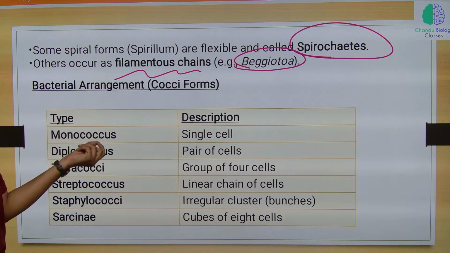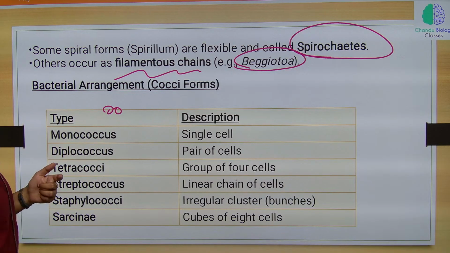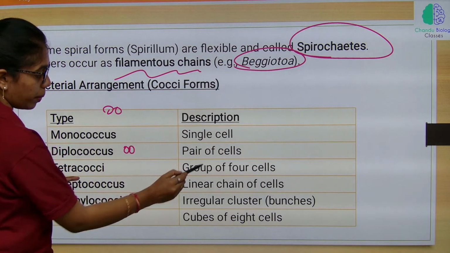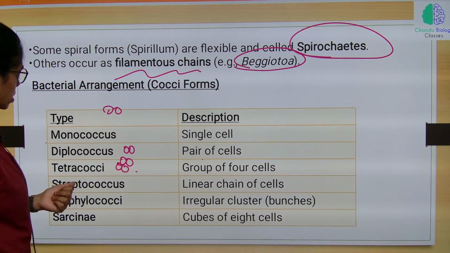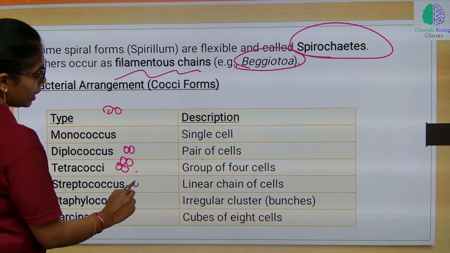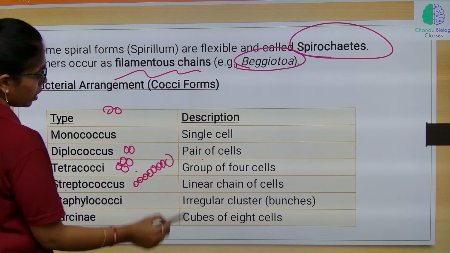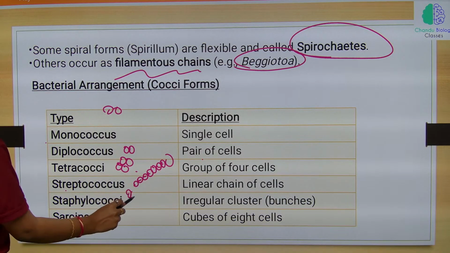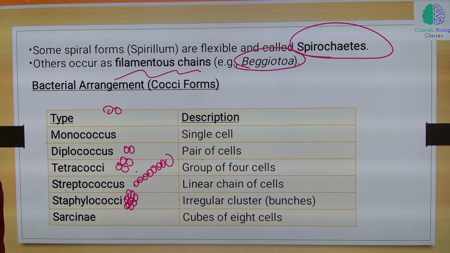In cocci also, based on their spherical association, we have different types. Monococcus, single type; diplococcus, pair of cells; tetracocci, group of 4 cells; streptococci, a linear chain of cells; staphylococci, this association forms a cluster or a bunch; and sarcinae, cubes of 8 cells.